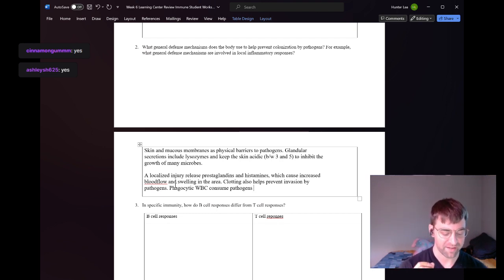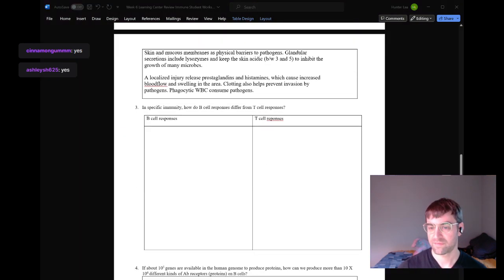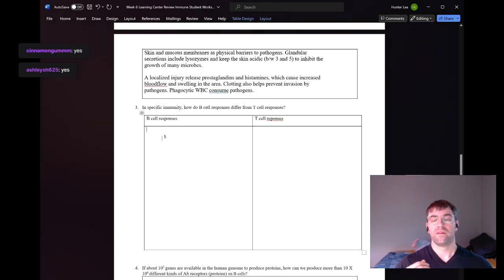Any time that you've had an injury that developed pus, those are the dead cell bodies of these phagocytic cells after they've done their job. Cool. So that was innate immunity.